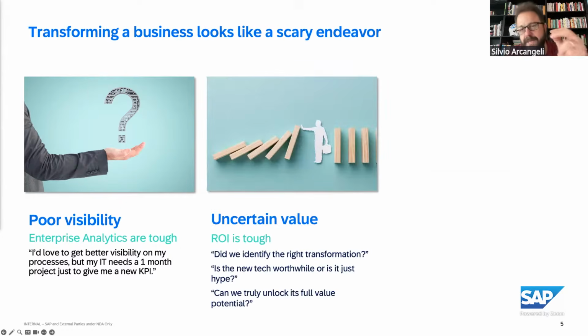Then another aspect which is often discouraging, and a big hurdle for change, is the fact that even when you get the data, even when you get visibility about what you should change, many times it's tough to then define how to change and to justify the effort needed for the change, because the value that you're going to get back is uncertain.